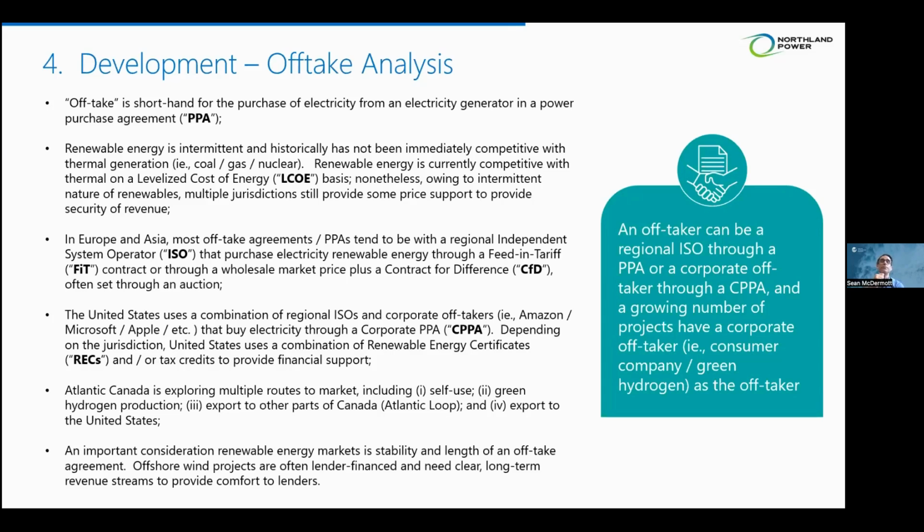In Europe and Asia, and for onshore and solar through much of Canada, most offtake agreements or PPAs have tended to be with a regional system operator, an ISO, that purchases the electricity either through a feed-in tariff contract, a wholesale market price plus a contract for difference, or often set through an auction or RFP. In Ontario, they had an active feed-in tariff regime for early stage onshore and solar projects through the Green Energy Act introduced in 2008-2009.